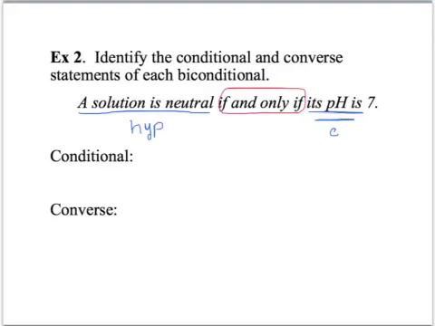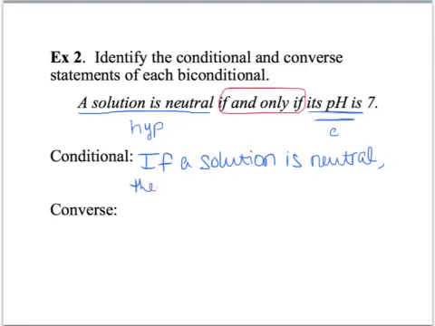So my conditional statement would be, if a solution is neutral, then its pH is 7. All right? To write the converse, I just need to switch my hypothesis with my conclusion.